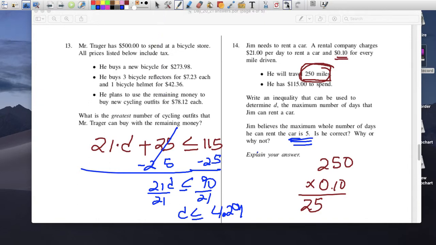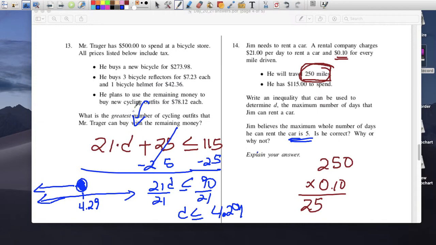Okay. And actually, I'm going to put this on a number line so you can see. So here is 4.29. Remember, this is shaded because it has an equal sign and points that way. Any value less than or equal to 4.29 will make this inequality true. So if I pick a number on this side and put it over here, it's not going to work.